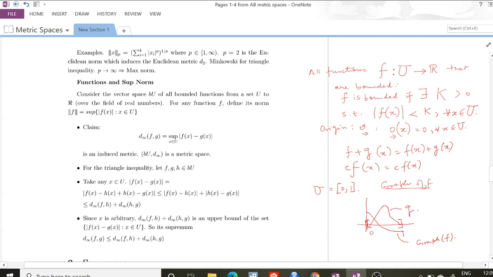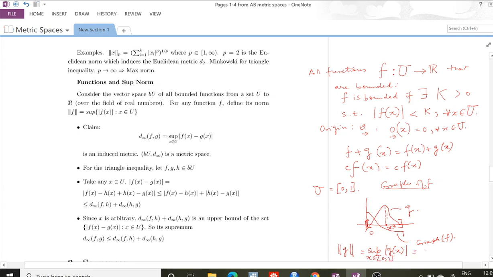It appears to me that at this x, let me call this x star, the norm of g is going to turn out to be, it's defined to be the sup over all the absolute values of g of x as x varies over 0 to 1.